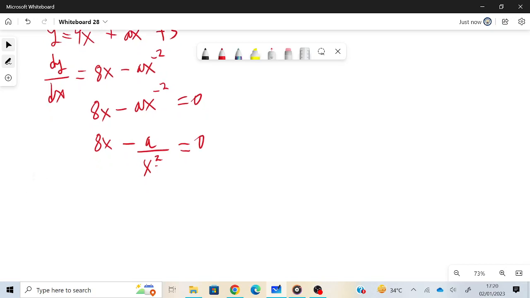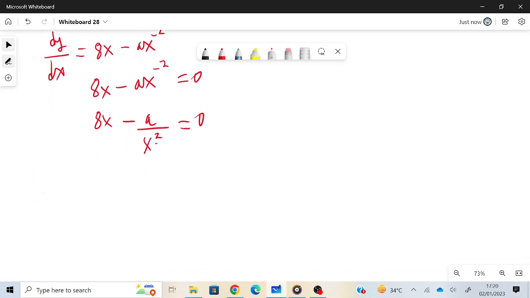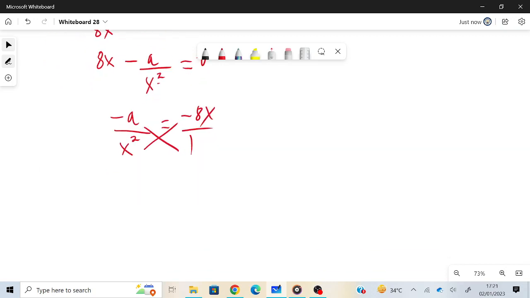And I can see that we can rearrange this to make a the subject of the formula. So we can say minus a over x squared equals minus 8x. We know this is over 1, so cross multiply, we would have minus a equals minus 8x cubed. Minuses cancel, would just be a equals 8x cubed.